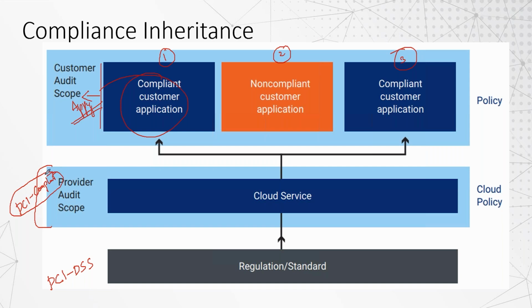The benefit of compliance inheritance is that the cloud service provider's infrastructure is out of the scope of the customer's compliance audit. Whatever you can configure or build is part of your scope. If the provider is already compliant, that part is already satisfied. This is what we call compliance inheritance, also sometimes called a pass-through audit.